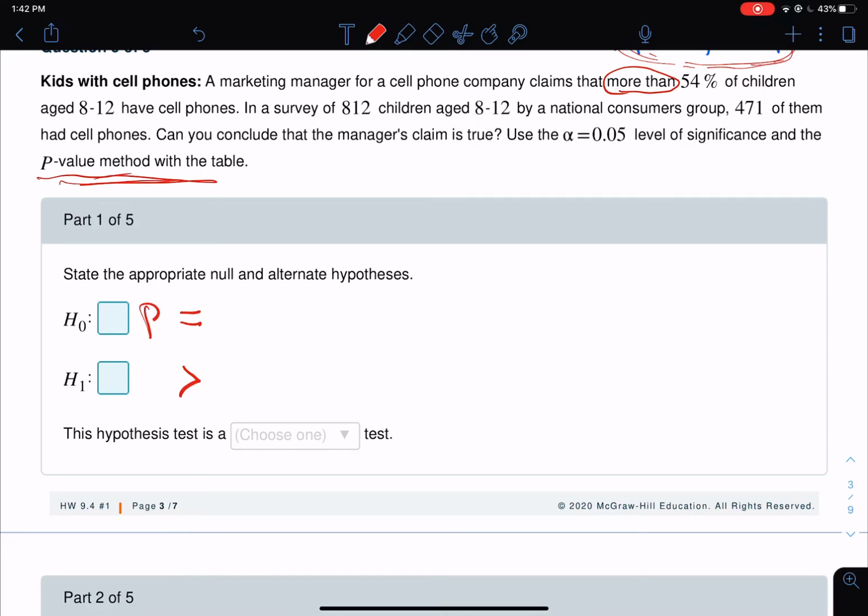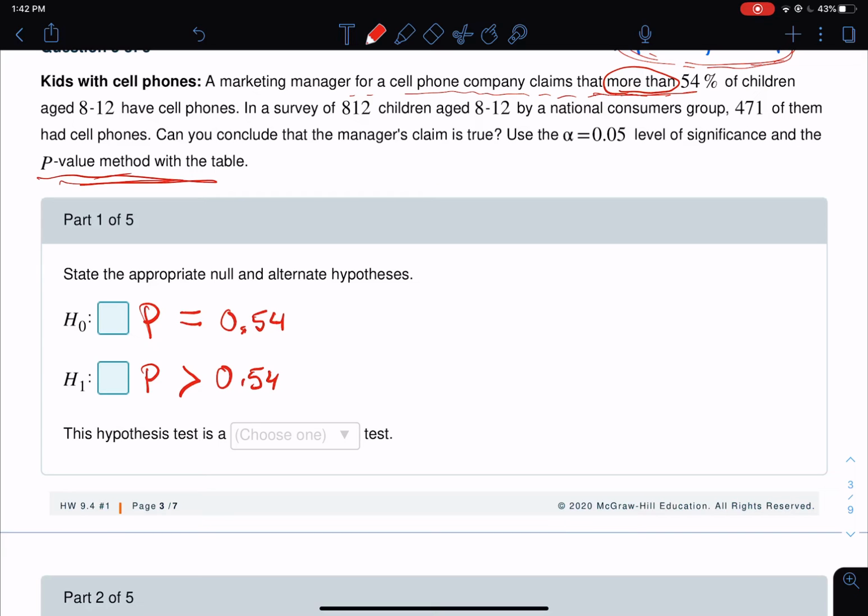So our null is the population proportion equal to 0.54, and the alternate is the population proportion greater than 0.54. What we're trying to do: a marketing manager claims it's more than 54% of children 8 to 12 that have cell phones.